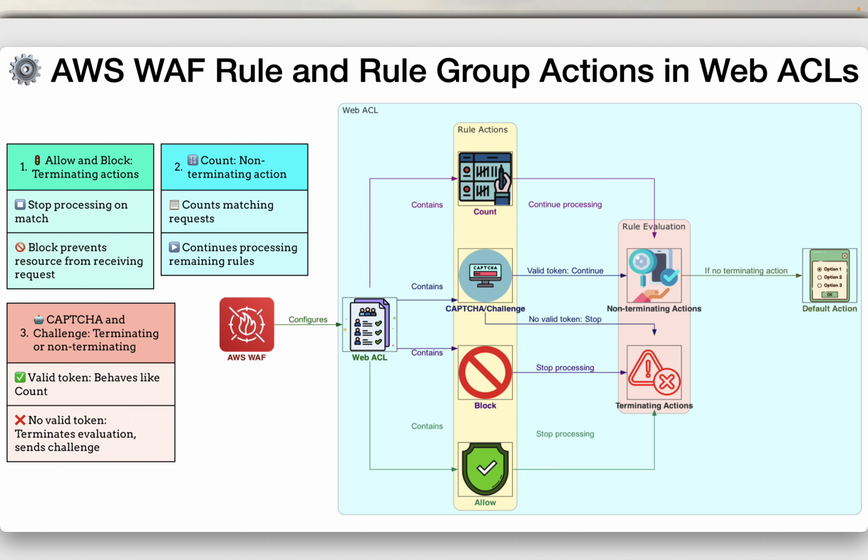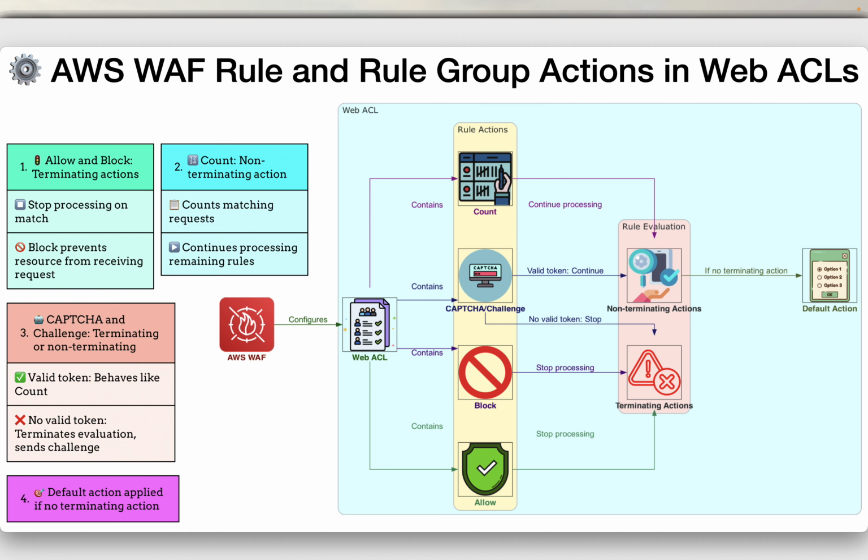However, if the request does not have a valid token, AWS WAF terminates the evaluation and sends the client a captcha puzzle or silent background client session challenge to solve before proceeding further. If the rule evaluation process does not result in any terminating action, which is either allow, block, captcha or challenge without a valid token, then AWS WAF applies the web ACL's default action to the request.